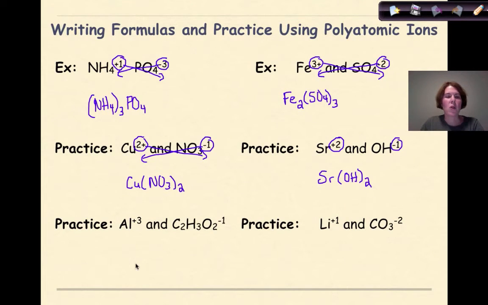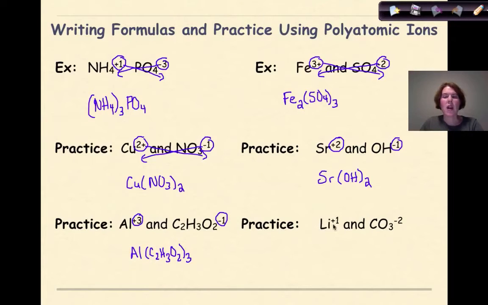Let's look at this next one. We have Al plus 3. And then we have our acetate ion, C2H3O2 minus 1. So when we write this out, we'll write out Al, and then parentheses, no need to cross down the 1 or the negative sign, C2H3O2, and parentheses, 3 subscripted.